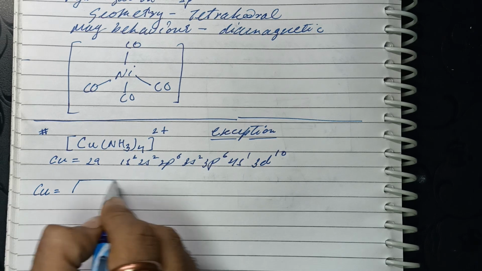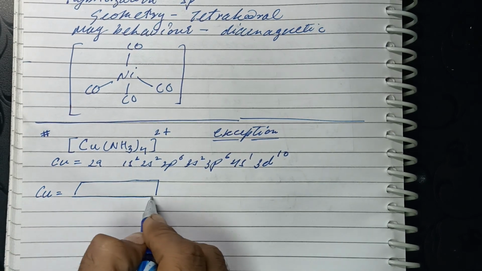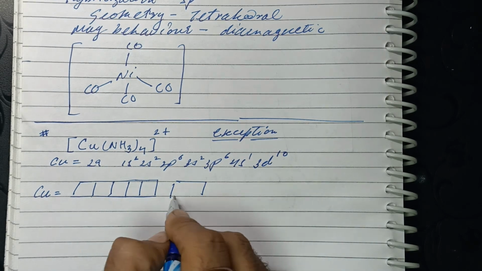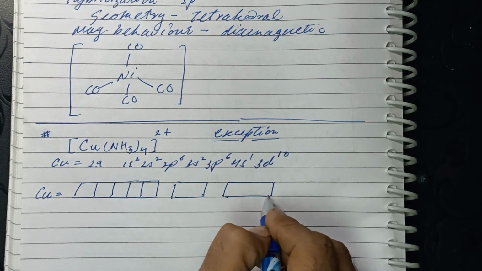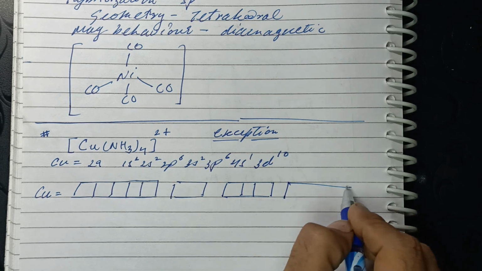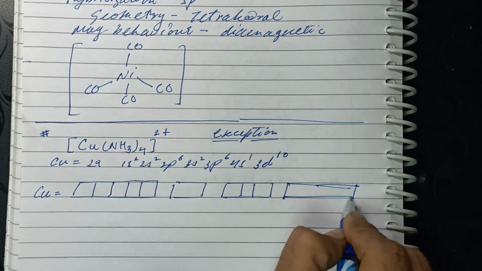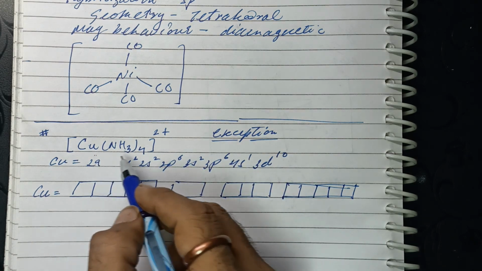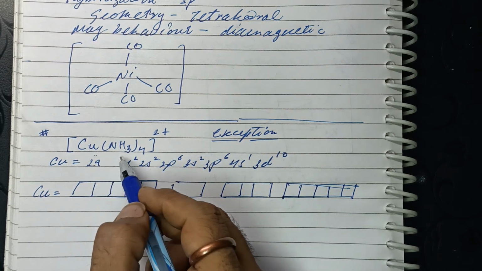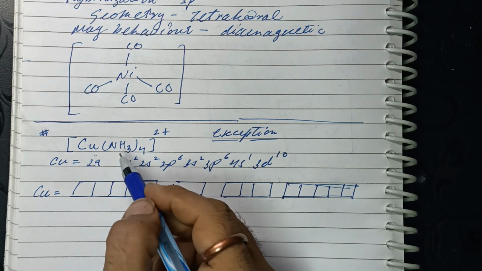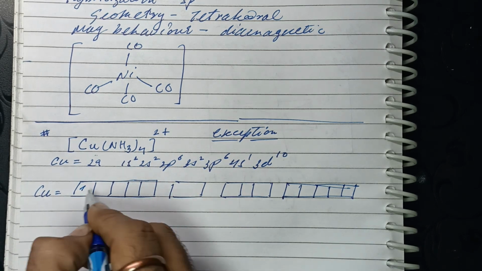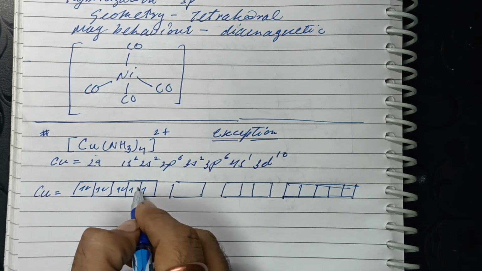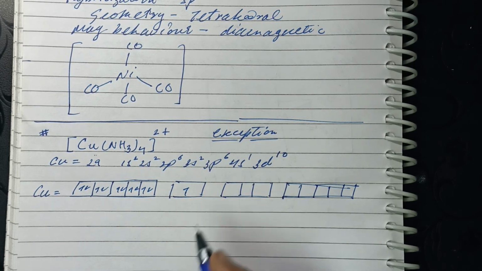Now copper, third shell, fourth shell: 4s, 4p, 4d. The oxidation state of copper in this case, as you can see, is +2 because ammine carries no charge. 3d has 10 electrons and 4s has 1.